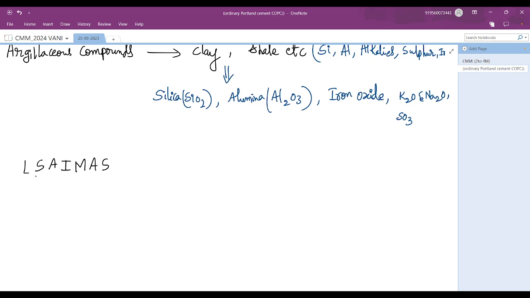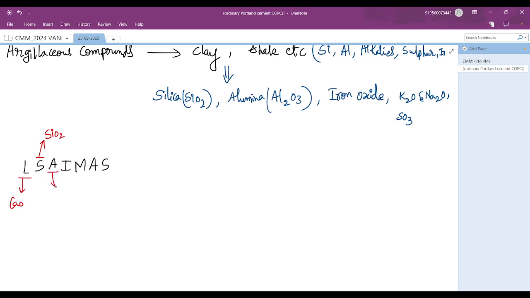In L-SIMAS, L represents lime. Therefore, in cement, lime is present in the greatest amount. S represents silica. So the first major constituent in cement is lime, around 60 to 67%, and next silica, around 17 to 25%.